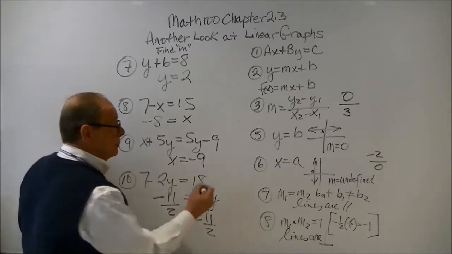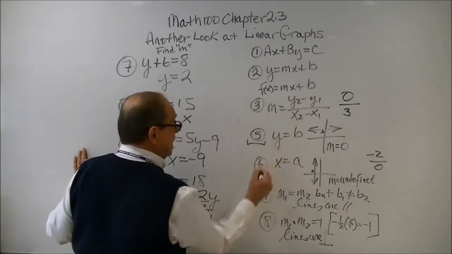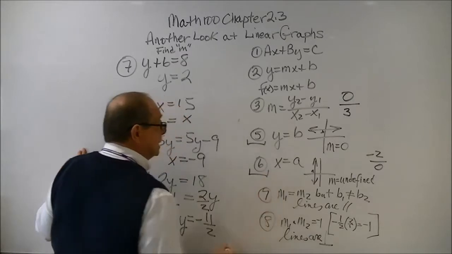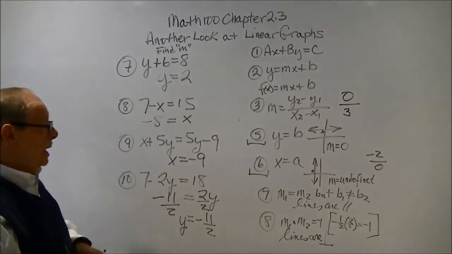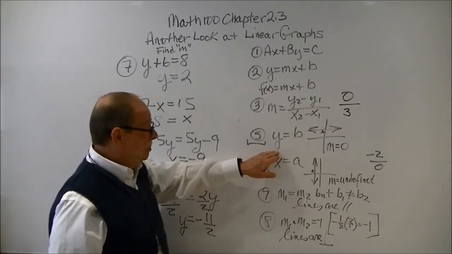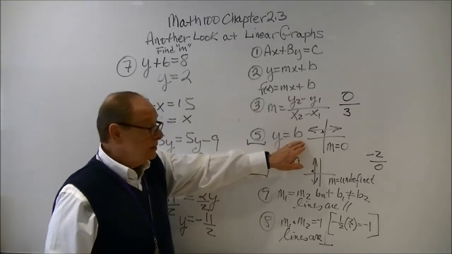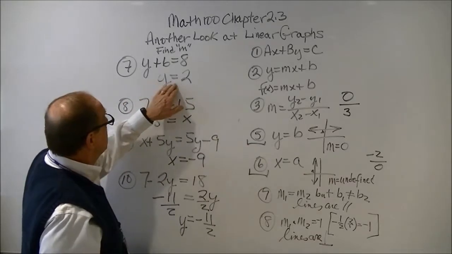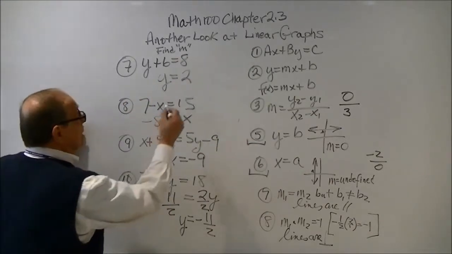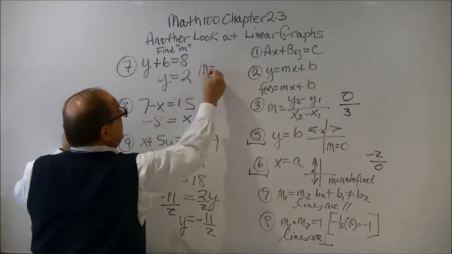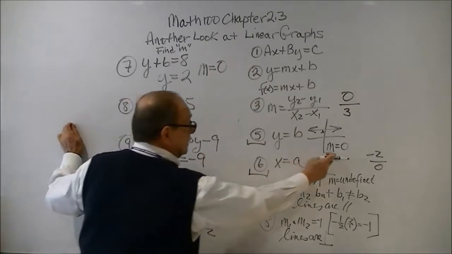And the equations we're talking about are equation 5 and equation 6. Any equation that ends up in the form of y equals the y-intercept, the slope is going to be 0, and we've defined that there.